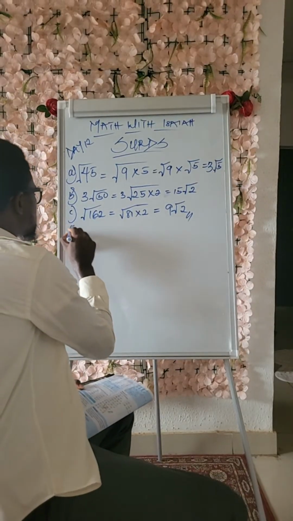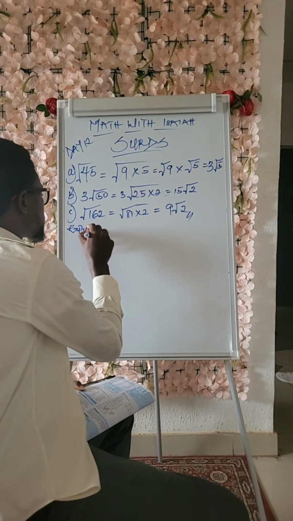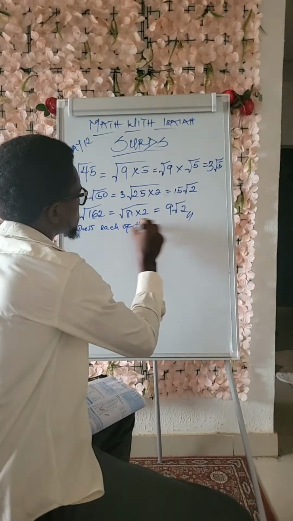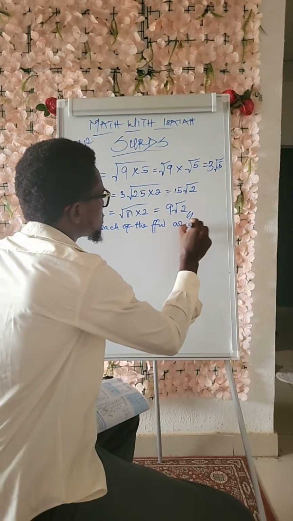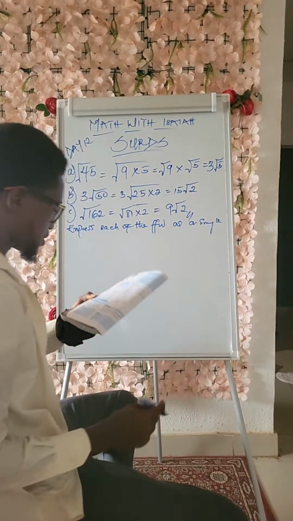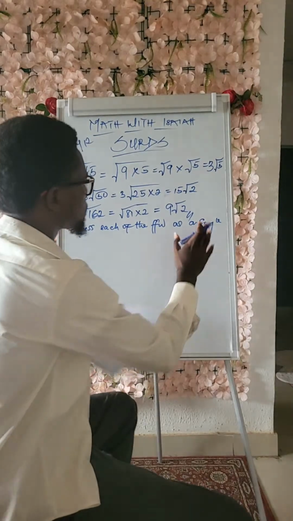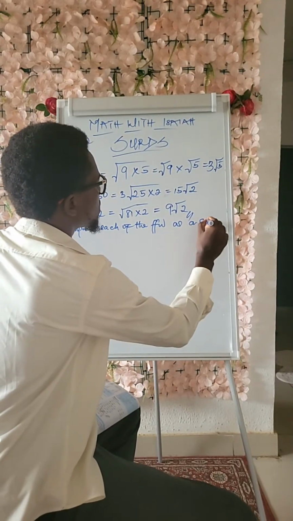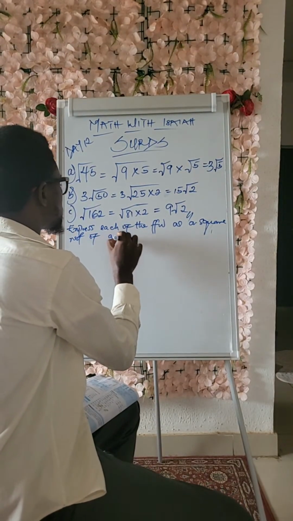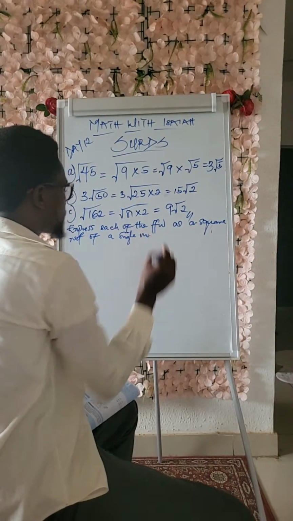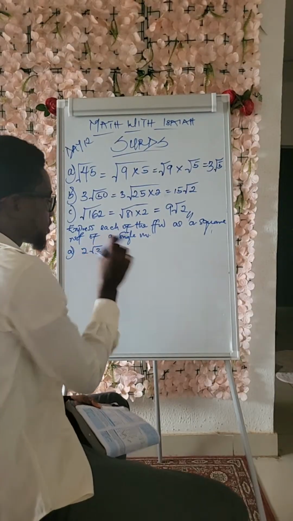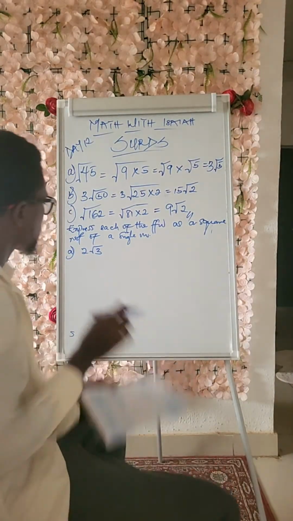Okay, the question is this: express each of the following as the square root of a single number. Number 1, 2 root 3. Now this is 2 root 3, right? Now how do you solve something like this?